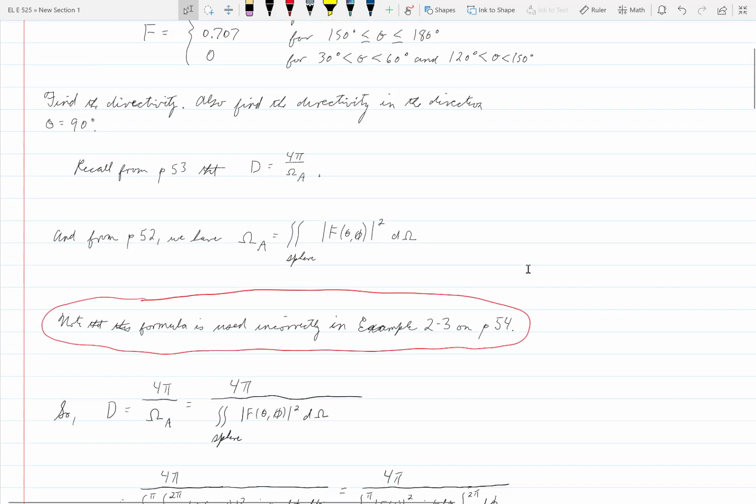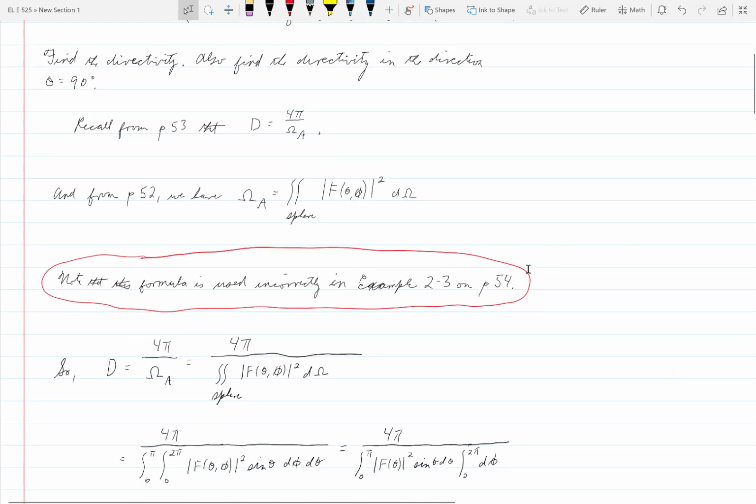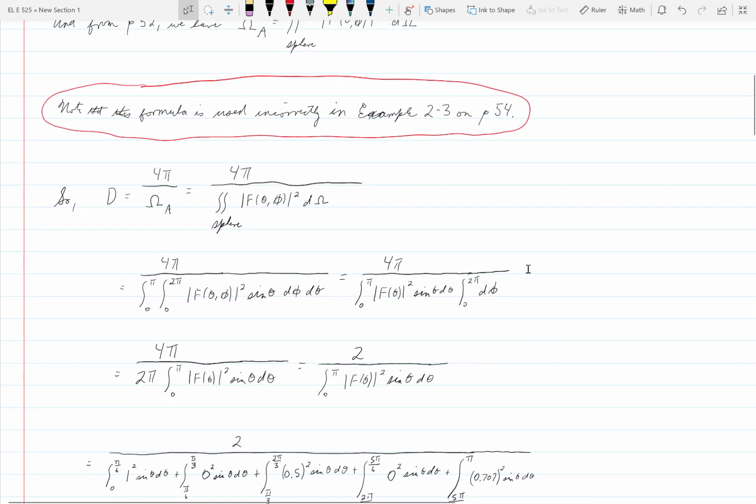So let's go ahead and compute D as requested. We have 4 pi divided by the beam solid angle, and here we substitute that formula for the beam solid angle. And remember that for the unit sphere, using spherical coordinates, d omega will just become sine theta d phi d theta, and phi varies from 0 to 2 pi, theta varies from 0 to pi.